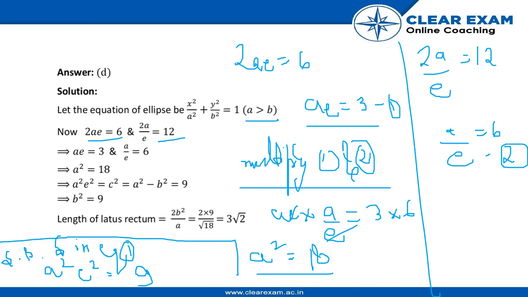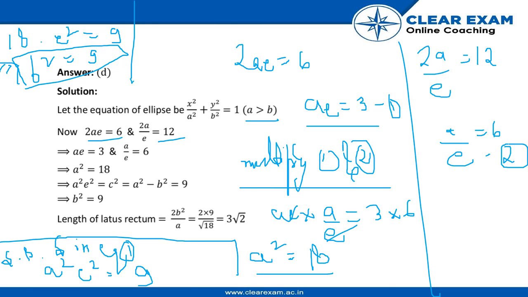So simply put it here, that is 18 into e square is 9, and e square can be further expanded as 1 minus b square by a square. So once you do that, the value of b square is coming out to be 9.